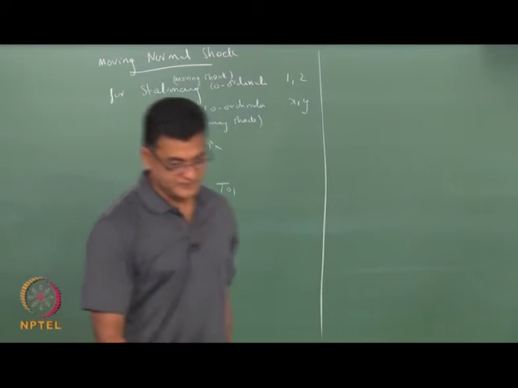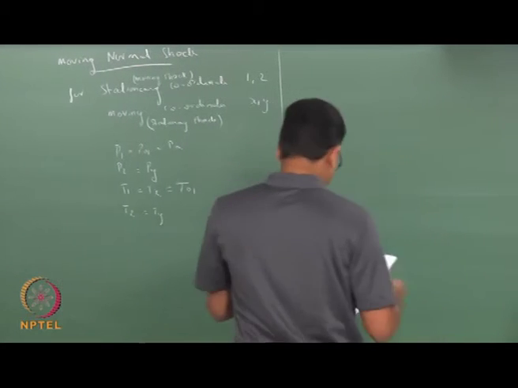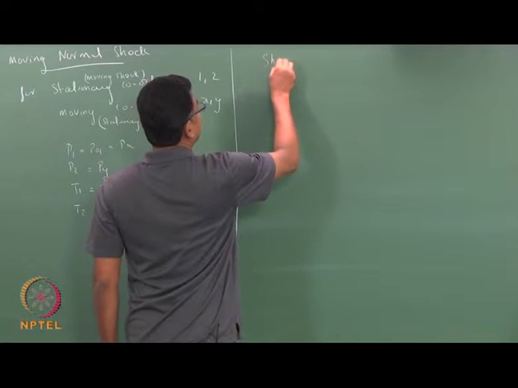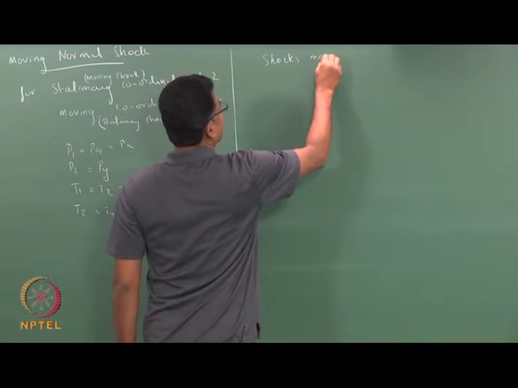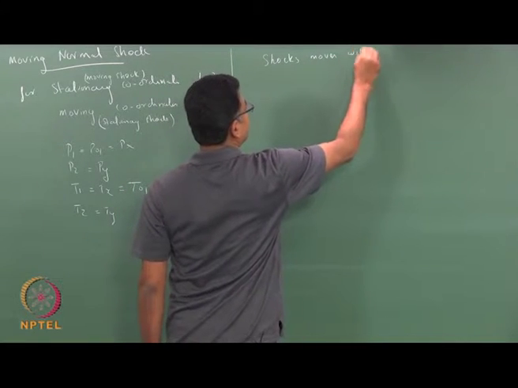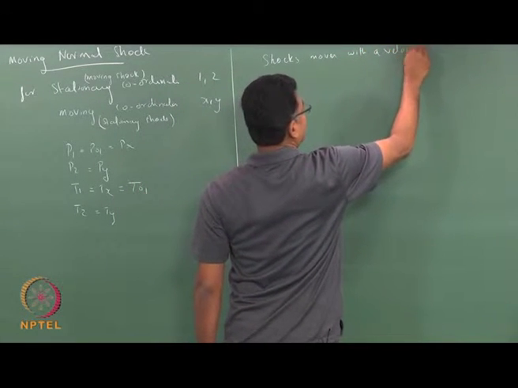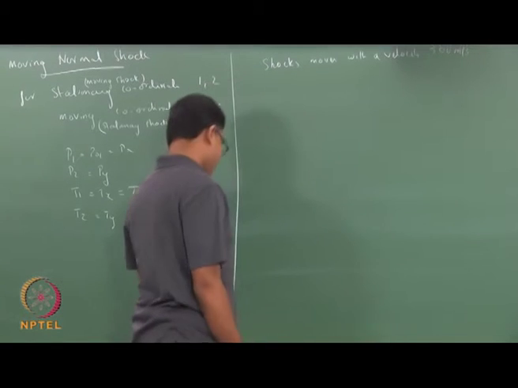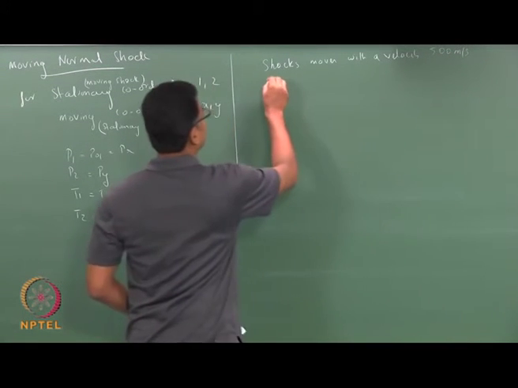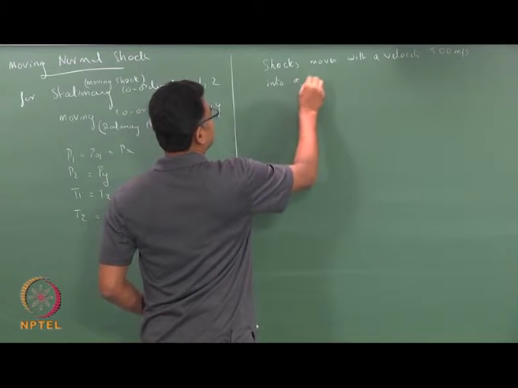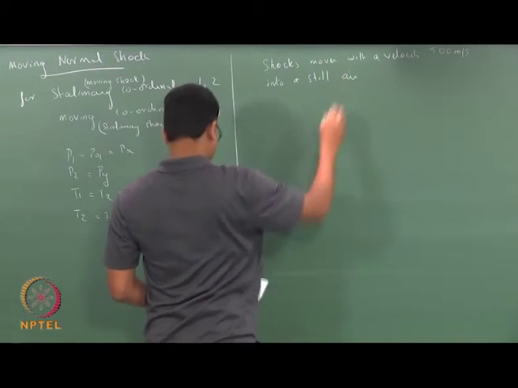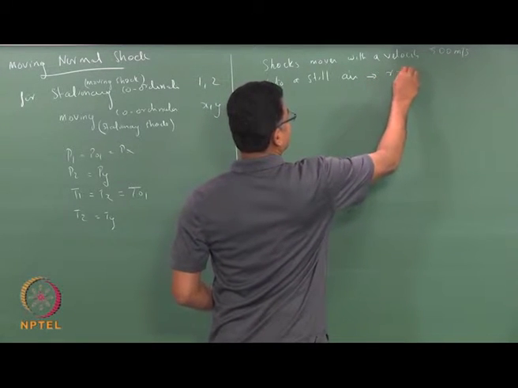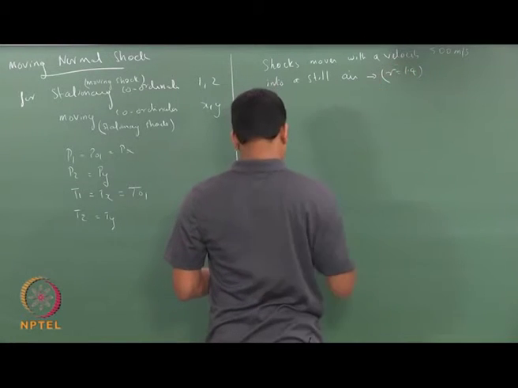So I have a problem here. A shock moves with velocity, let us take 500 meters per second, into a still air. Fluid is gamma 1.4.